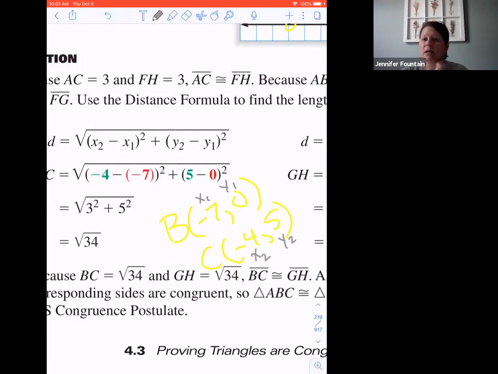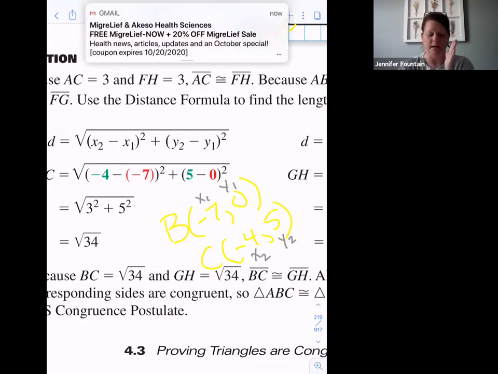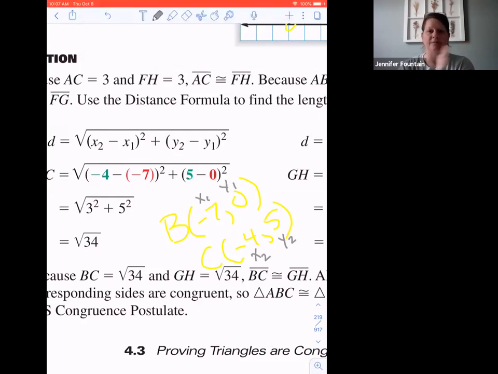Now remember, there's no magic in figuring out which one's point 1 and point 2. I'm going to get the same answer whether I let B be point 1 or point 2. It does not matter which one I decide is point 1 or point 2. The main thing that matters is that I'm consistent. Whichever point I'm using as X1, Y1, I have to have the other one as X2, Y2. I can't combine them and crisscross them, okay?